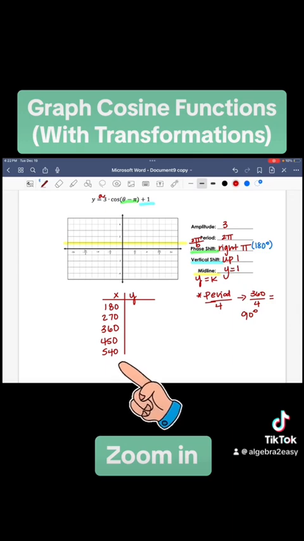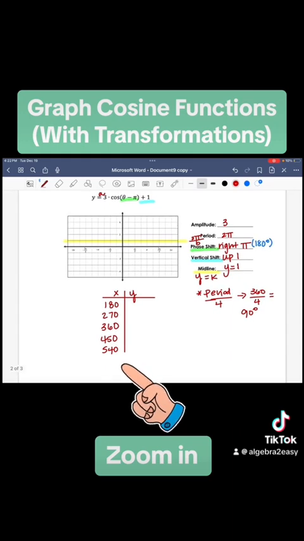Our pattern is still the same as last week for cosine. It was 1, 0, negative 1, 0, and 1. This pattern will not change. Notice you do have a 3 that's been multiplied to your function. This is going to deal with your vertical stretch or compression. In this case, stretch. Vertical means y-axis, so we're going to take all of our y values and multiply by 3.